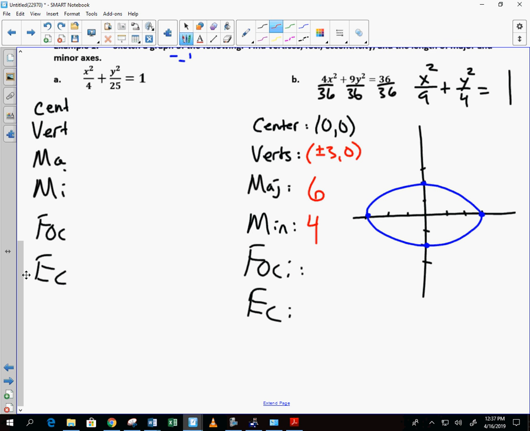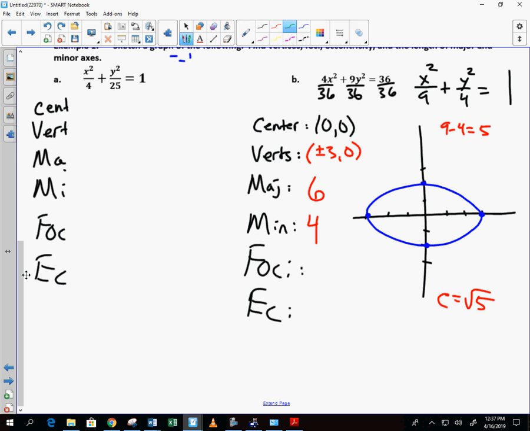How do you find C? So 9 minus 4 is 5. So what is C? Yep, C is the square root of 5. Square root of 5 is about 2.2 or so.